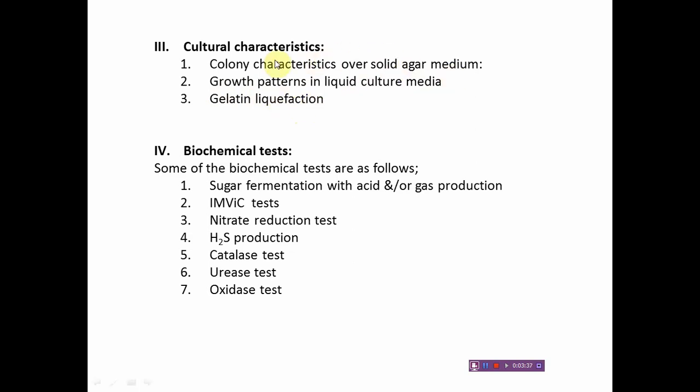From the colony characteristics, it is easy for identification. The preliminary identification can be done easily by recording the solid growth patterns as well as the liquid culture growth patterns of the unknown bacteria. Gelatin liquefaction patterns can also help in identifying the bacterium.